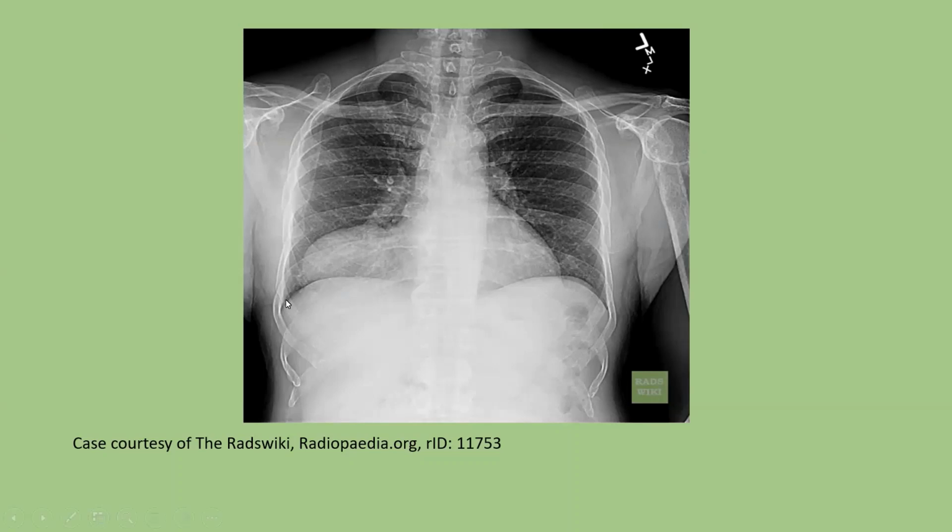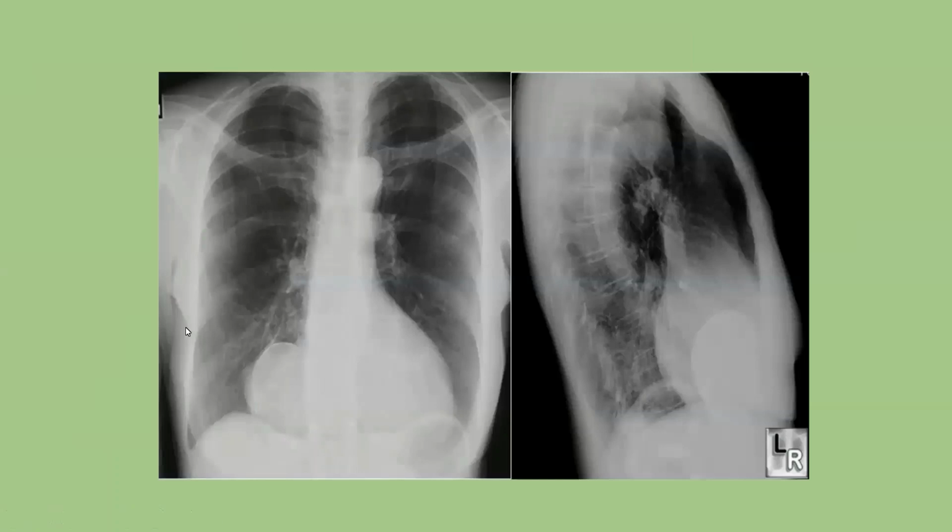Sometimes it can be raised hemidiaphragm or hiatus hernia as a differential diagnosis, remember that? But it has a typical location and typical appearance like this. This is also a pericardial cyst in AP view and in the lateral view.